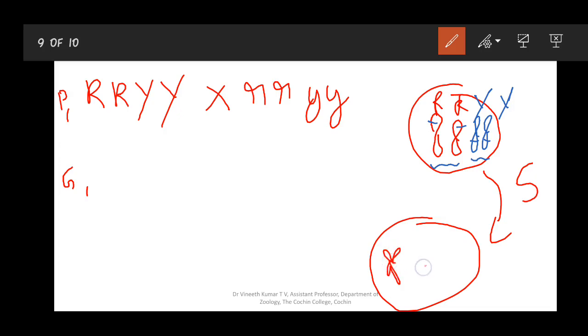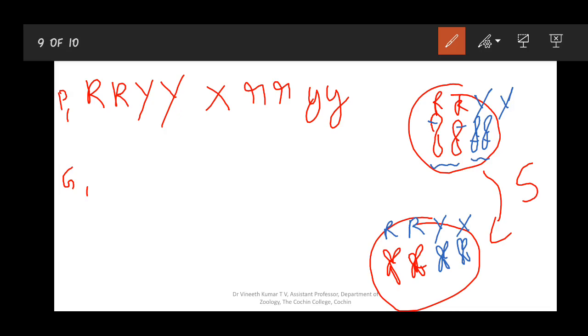Each chromosome has now replicated, and it has two chromatids each. Is this clear? So this will be capital R, and this will have the alleles capital Y, capital Y. So this is the condition after the S phase.